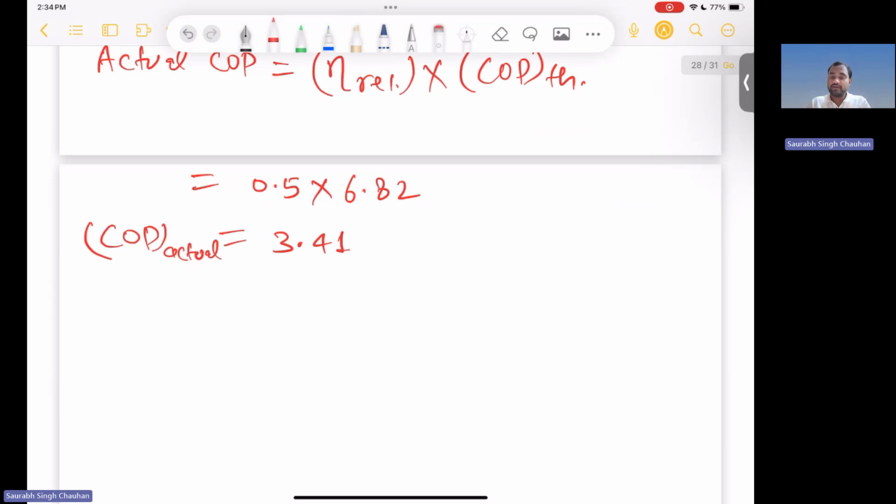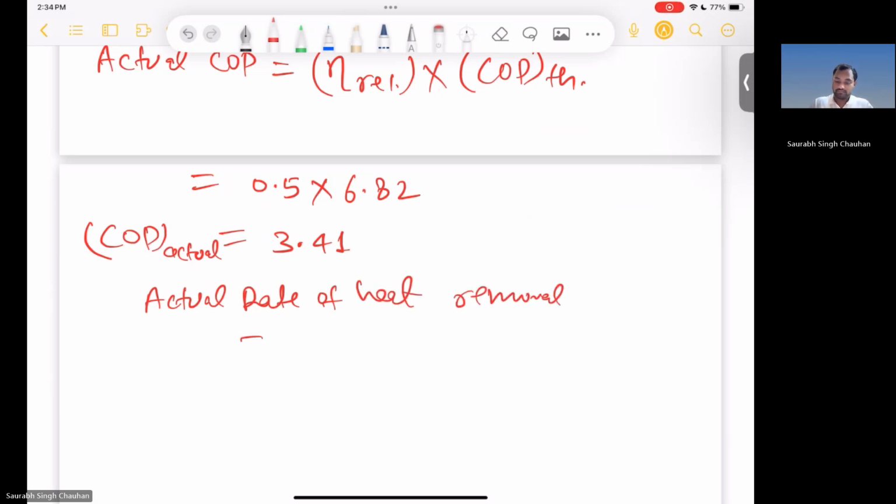so from this value you can find the actual rate of heat removal. It will be actual COP into power input.